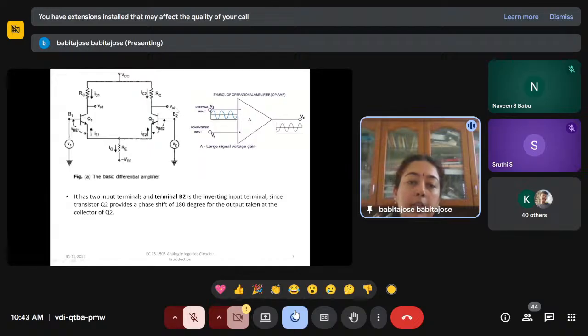So that's why we say that B2 will be the inverting terminal, and of course B1 will be the non-inverting terminal. Okay, so that's how you differentiate between inverting and non-inverting terminals in a differential amplifier.